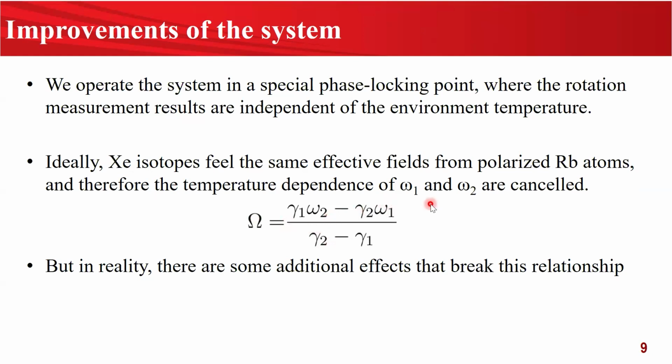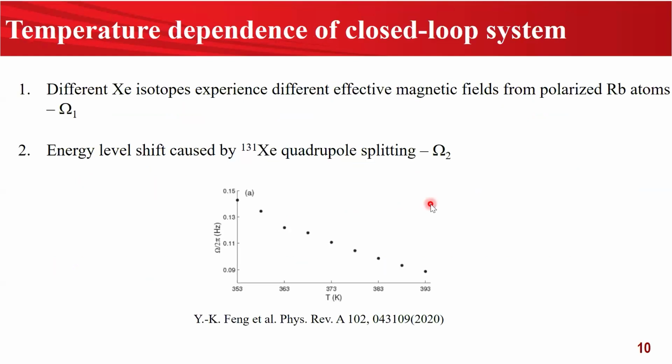But in reality, there are some additional effects that break this relationship. The first one is that different xenon isotopes will experience different effective magnetic fields from the polarized rubidium atoms due to a tiny difference of their collision properties. And this effect will bring in additional terms in rotation, which is omega-1.